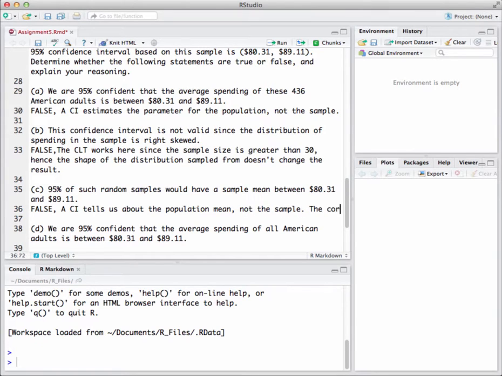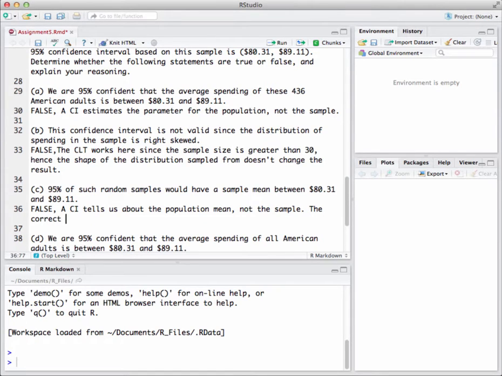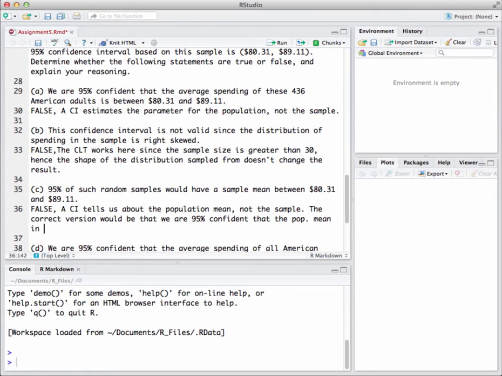The correct version would be that we are 95% confident that the population mean is in the interval. Okay, all right, so a little bit of a tricky dog there, but hopefully you understand that one.